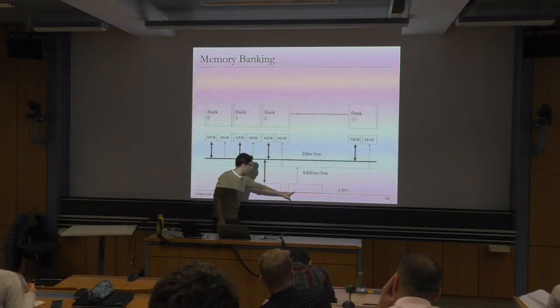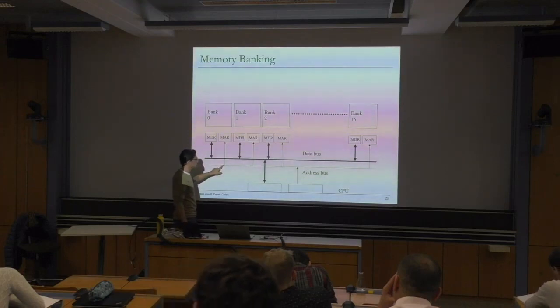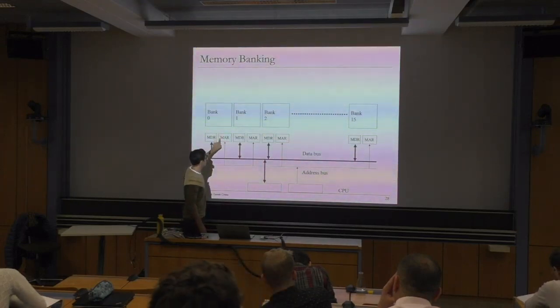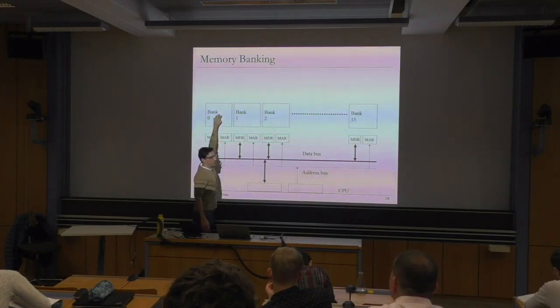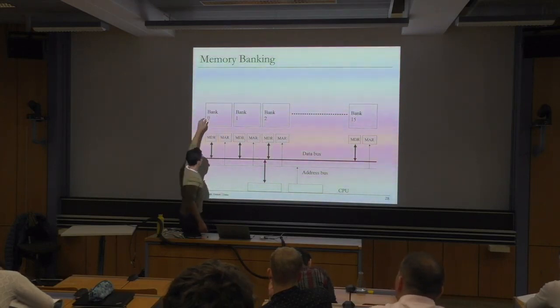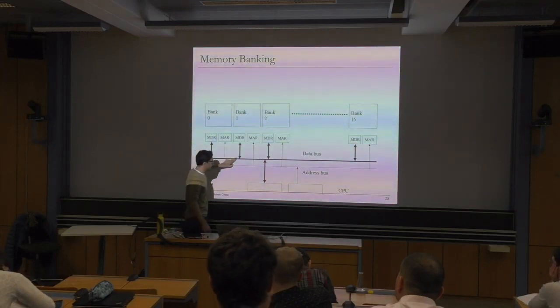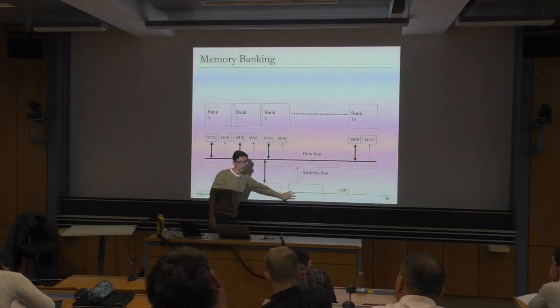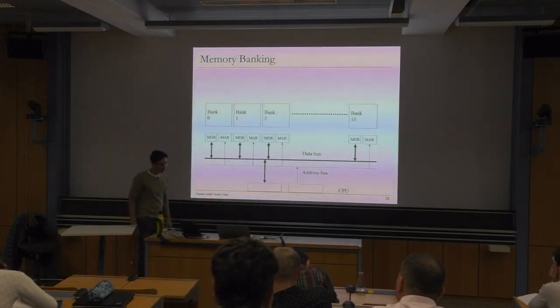From the CPU, we use the address bus to bring the address that we want to access in memory to this MAR, and this MAR is connected in this case to bank 0, and this allows us to take the contents of this address and put them here in the MDR, and then by using the data bus we are able to bring this to the CPU. So this is how each of the banks individually works, right?